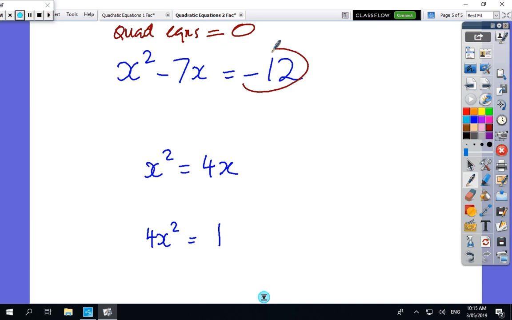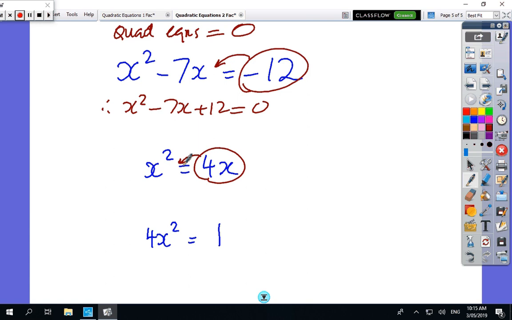The minus 12 comes across, so it's x squared minus 7x plus 12 equals 0, and then you factorise it. The 4x comes across, so x squared minus 4x equals 0, then you factorise it, or 4x squared minus 1 equals 0, then you factorise it. So if you don't have a 0, then you just move the terms across, and then you factorise it as previously. Okay, that's it. See you on the next video.